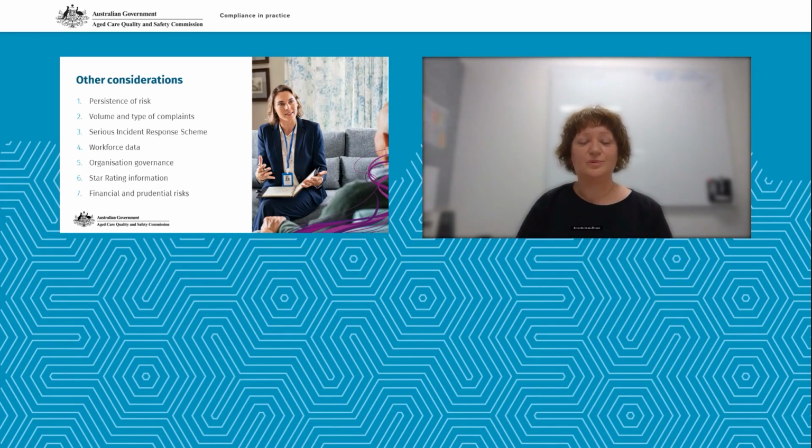We also consider workforce data, the organisation's governance arrangements, star rating information, particularly consumer survey data, and any financial and prudential risks we're aware of. All those things help us build a picture of a provider's capability, capacity, and potential willingness to do what's needed to take action to address the causes of non-compliance.